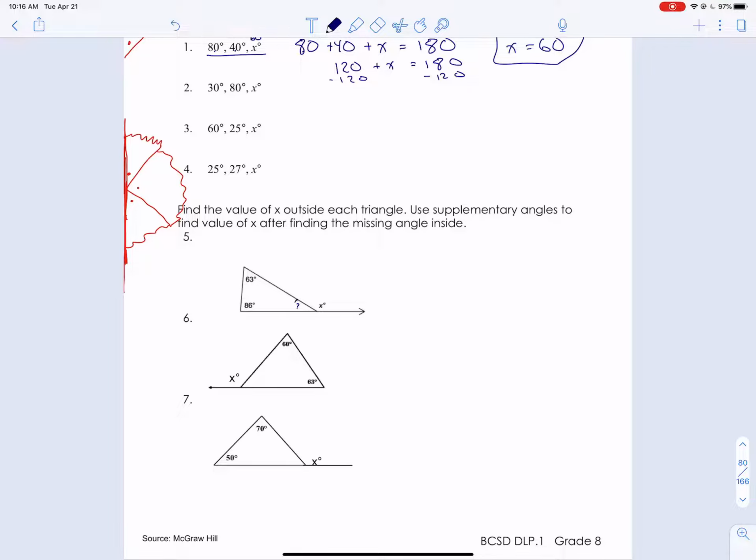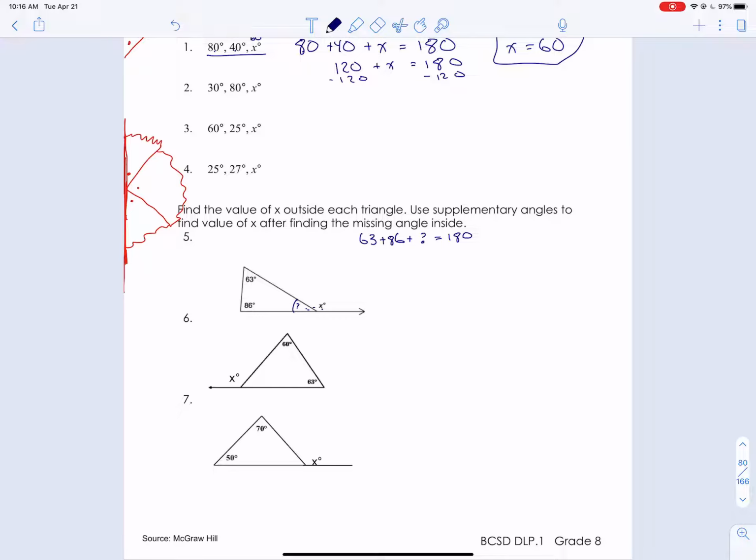So if I can find this angle, then I know that these two angles are supplementary, so they also add up to 180, and I can figure out this one. So I'm going to do what I just did, 63 plus 86 plus, I don't know. That's not our answer, so don't put x. We're just going to find that out so that we can find x with it.